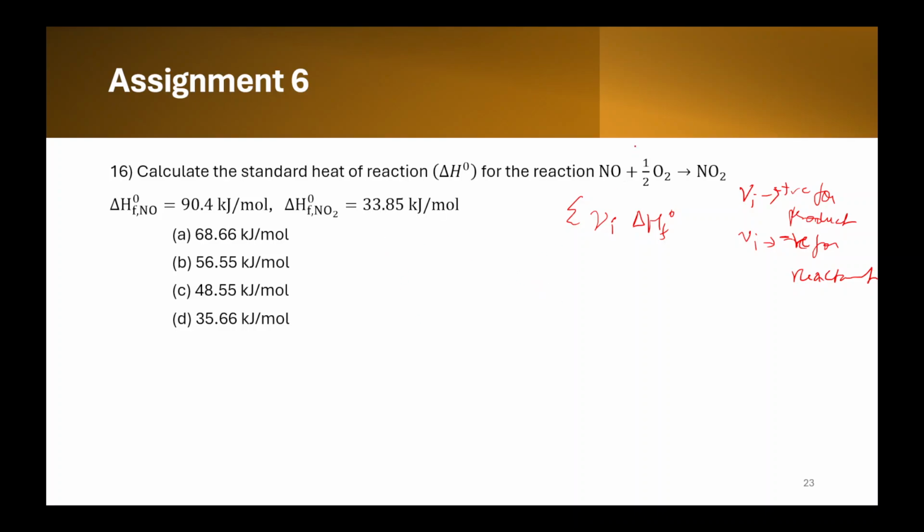The heat of formation for O2, because it is in elemental form, will be 0. So heat of reaction for this reaction can be computed as delta Hf NO2 minus delta Hf NO. So that will be 90.4 minus 33.85.